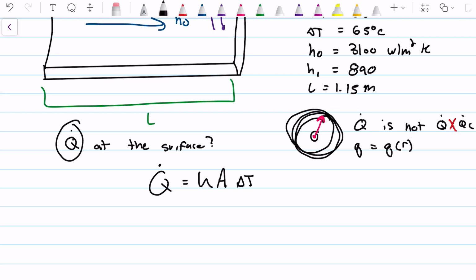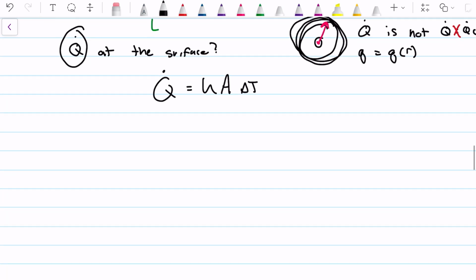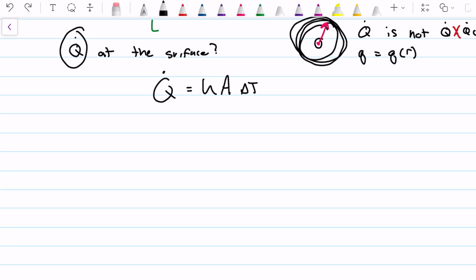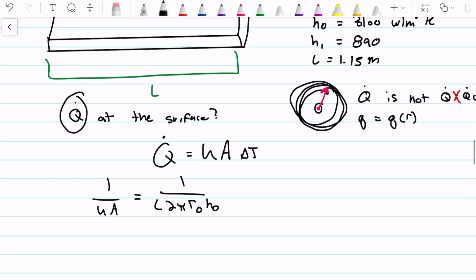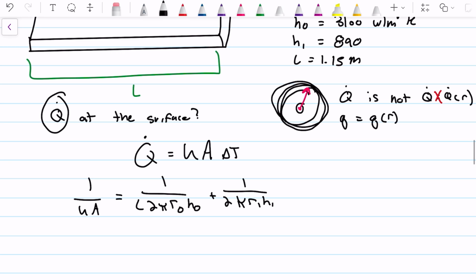Okay, so now let's solve for UA. So UA, I'm going to call one term, and we're going to write this as 1 over the length 2 pi. So this is the inner surface, and we're losing heat H naught. Okay, so those are our convective losses.